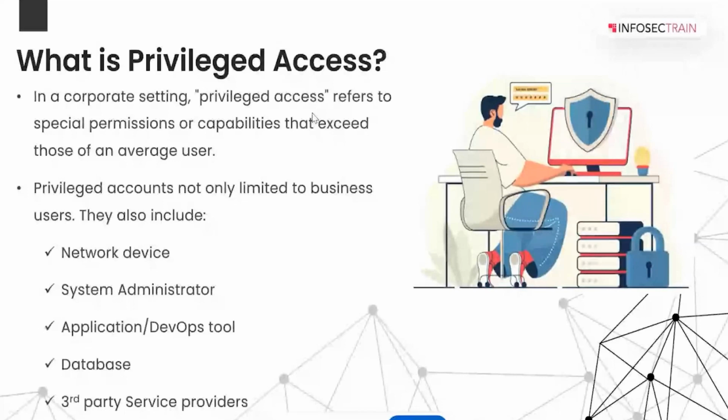So how come they are able to download that software on your laptop but you are not? This is because they are using an account which has higher permissions than yours. So any account which has some higher ability, some higher permission is something that you call a privileged access account.